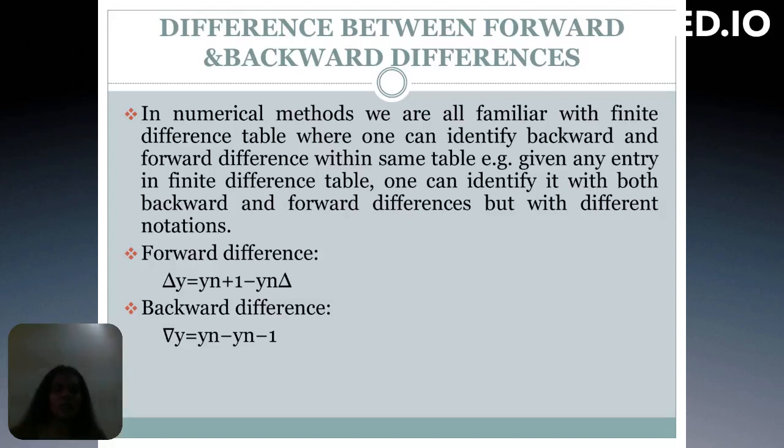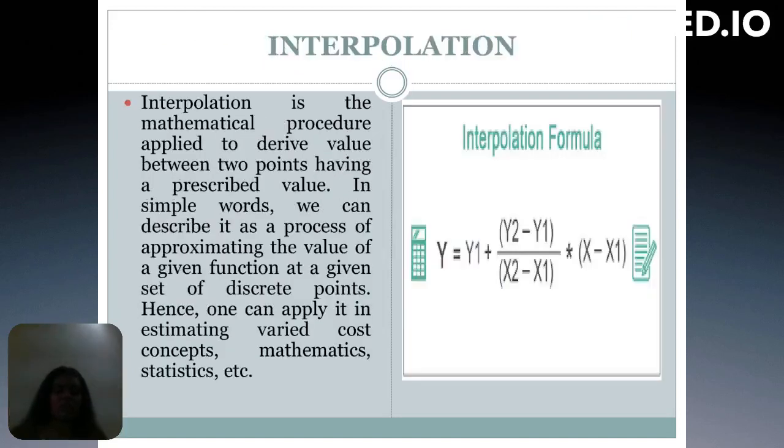But the only thing which makes them different, and by which we can identify them, is their notations. For the forward difference, it's delta y equals y n plus 1 minus y n, whereas for the backward difference, it's nabla y equals y n minus y n minus 1.